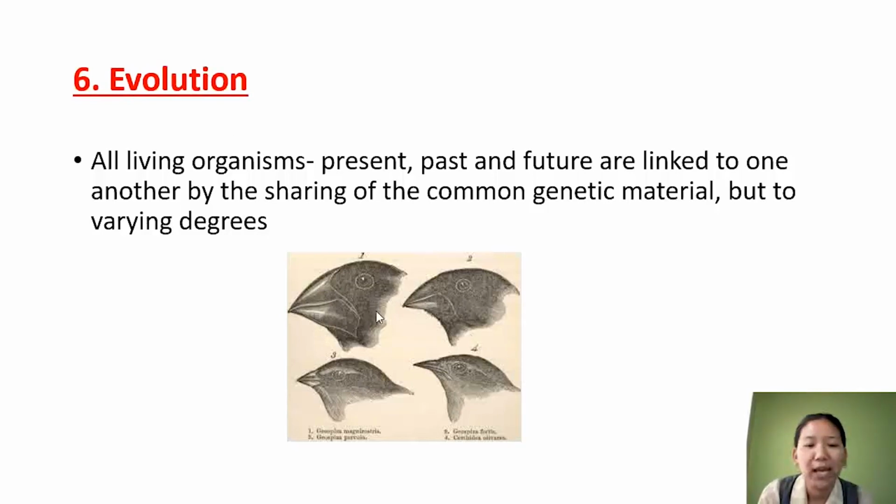These are different because of the varying degree of genetic material. Even though they share a major part of the genetic material, there is a variation, and that variation is such that they are able to adapt to the given environment. Here it is about their food habit. So this evolution again is a defining property of living.